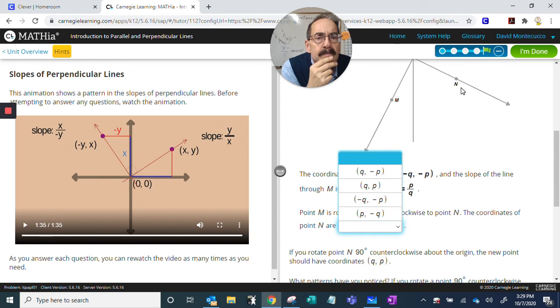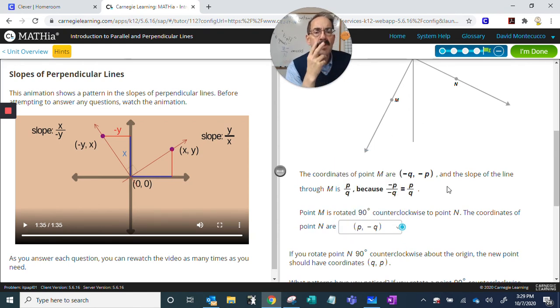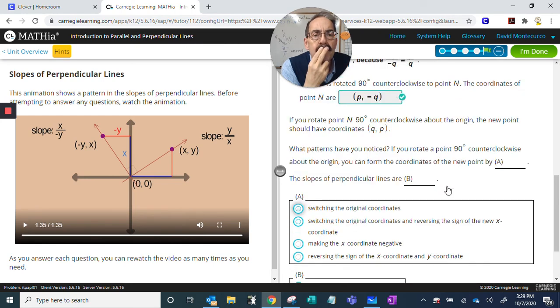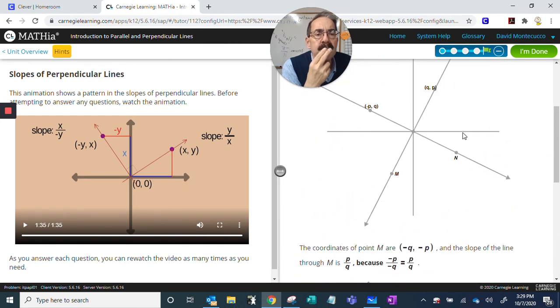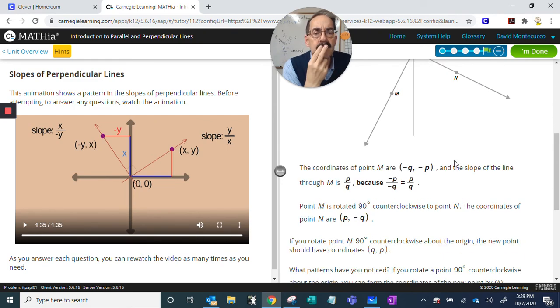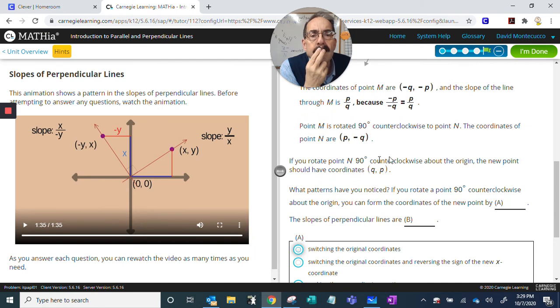Positive P, negative Q. Okay, because you see this point here has to be positive in this direction, negative in this direction. So if you rotate the point counterclockwise about the origin, the new point should have the points QP.